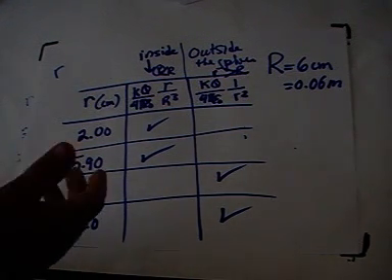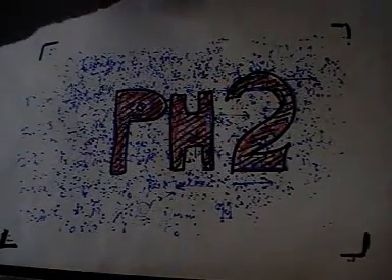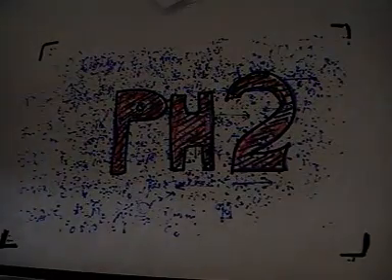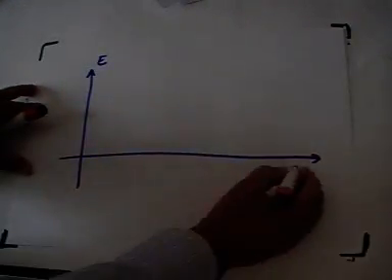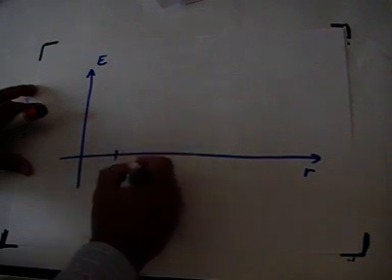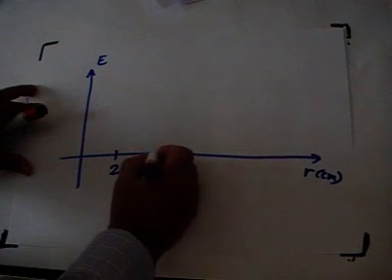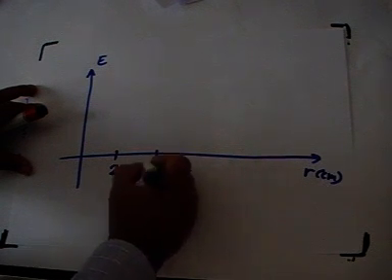You just have to calculate the numbers, and then plot on a nice graph the electric field as a function of r. I don't have the numbers with me, but you have to calculate the electric field for r values equal to 2 centimeters, 5 or 6, and so forth.